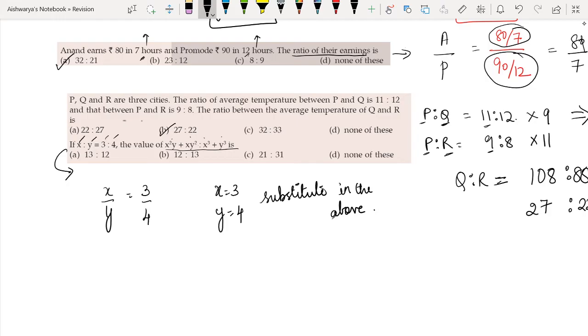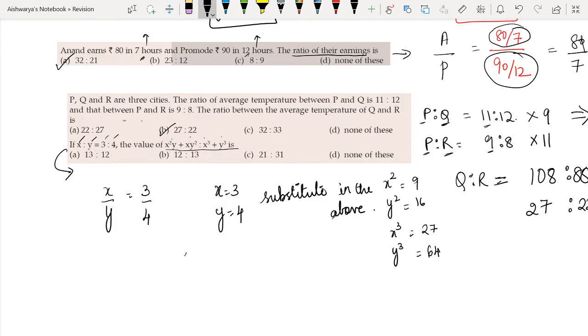The x square, y square value, x cube, y cube value you need. So x square, y square: x square is 9, y square is 16. Find out all of this, write it here and then substitute, it will become easy. So x cube is 27, y cube is 64.